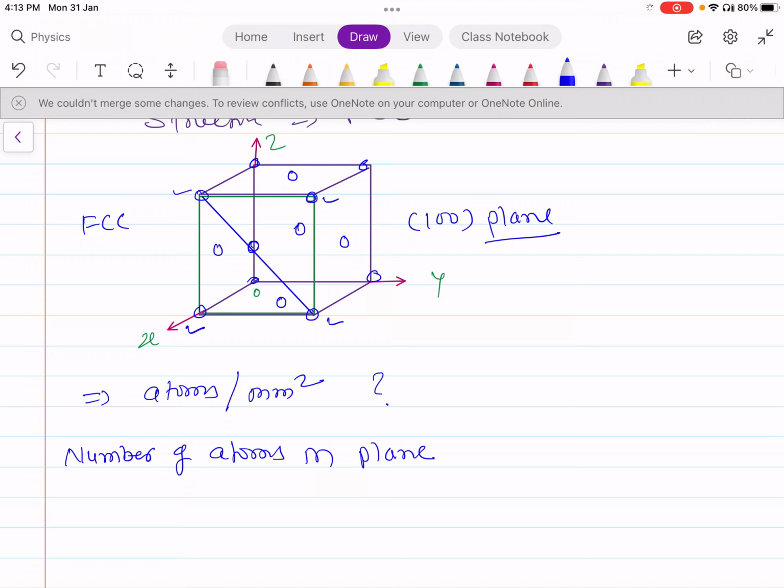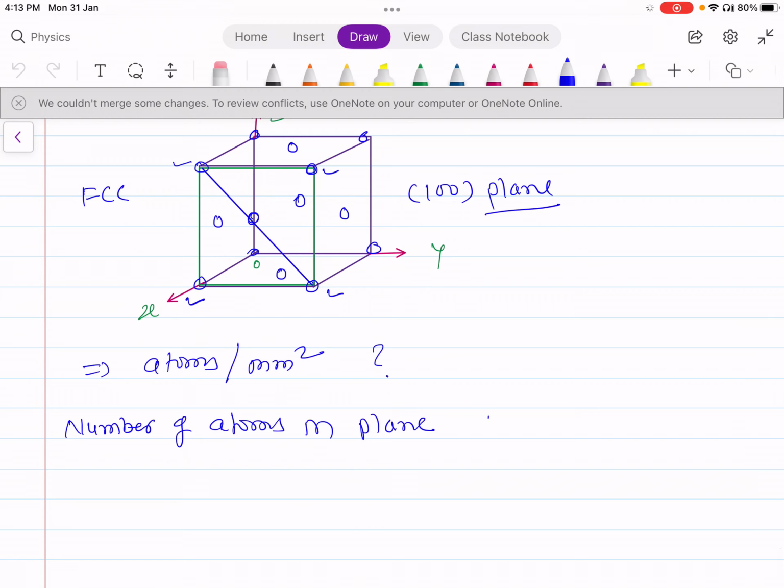These four atoms will be shared, each one with another four planes. So the contribution of each one to one plane is 1 by 4, total there are 4, plus there is one atom which is inside the plane. This atom is inside the plane, it is not shared with any other, and so there are effectively two atoms per plane.